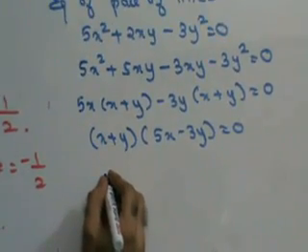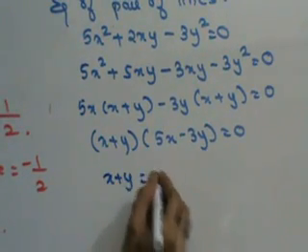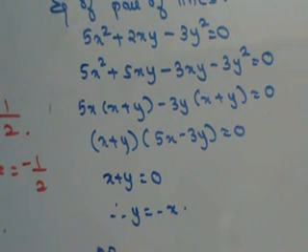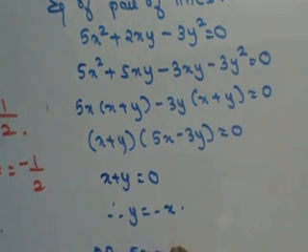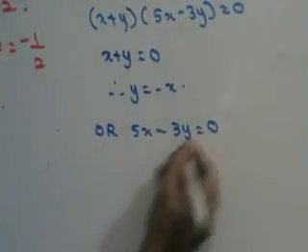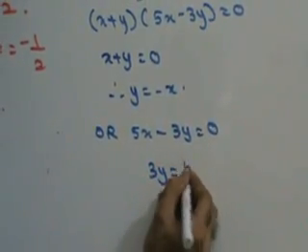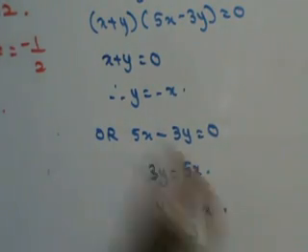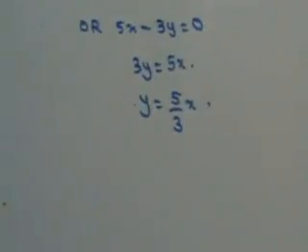Therefore, I can say that x plus y is equal to 0, therefore y is equal to minus x, or 5x minus 3y is 0, therefore 3y is equal to 5x, y is equal to 5 by 3 x. This represents the separate equation of the pair of lines.